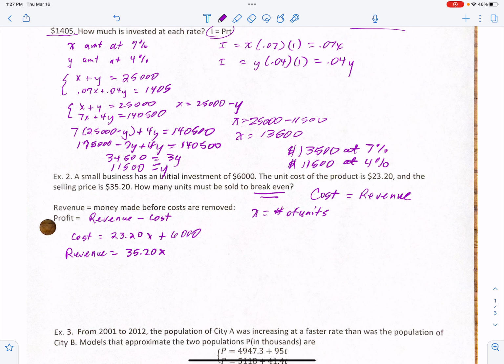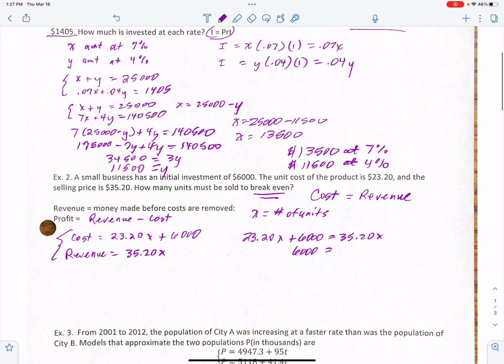So that's the revenue that you are bringing in. And as we said, break even is when cost equals revenue, so we are just going to set the two of these equal, and solve. So subtract the 23.20X. And if I divide by 12, I need to sell 500 units. And we will break even.